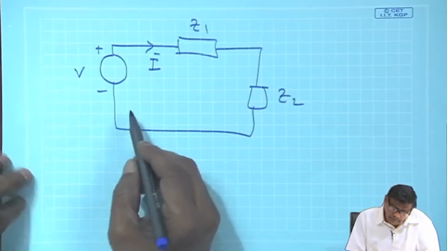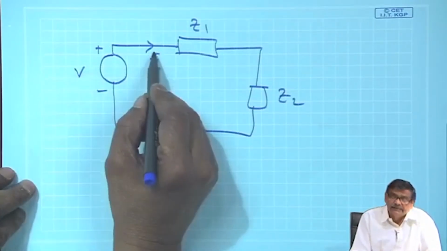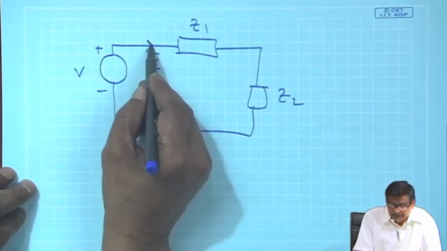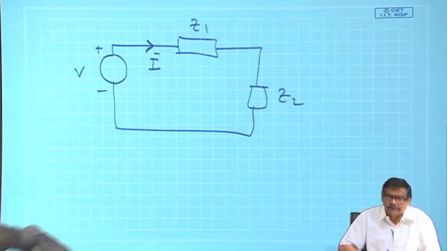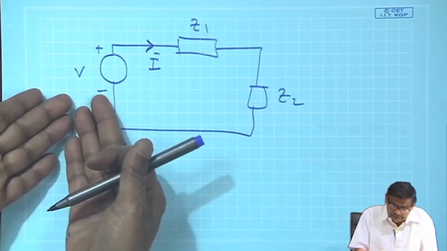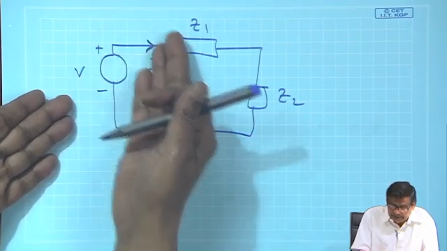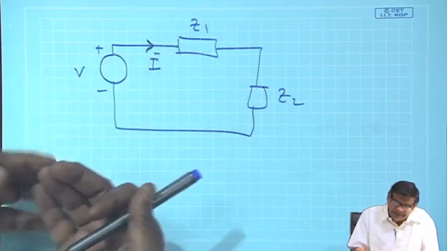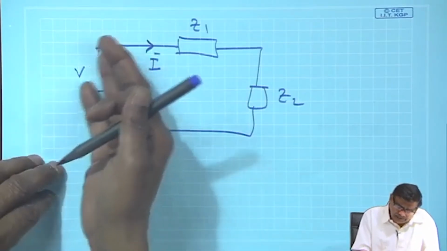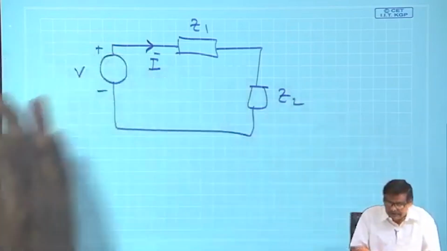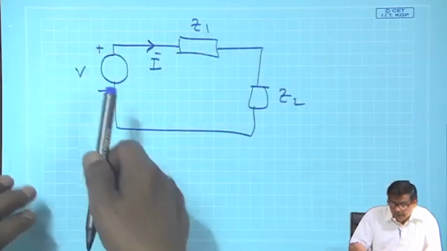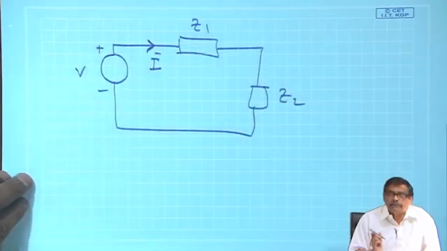For example, with the V and I directions I have assumed, which of course I am free to choose, this source is operating as a generator, delivering power; from the positive terminal, power comes out.